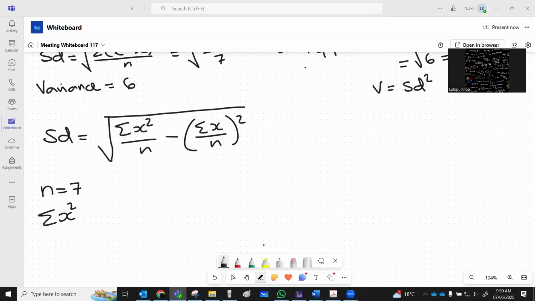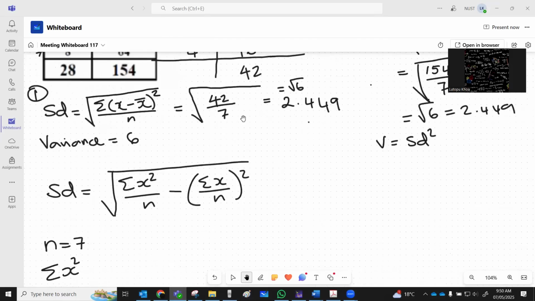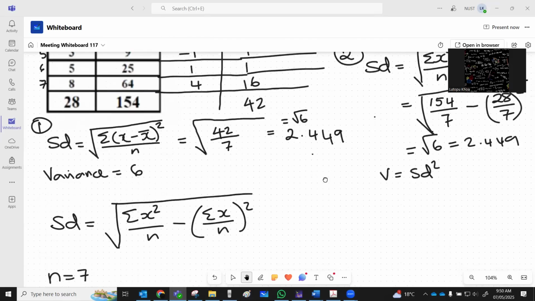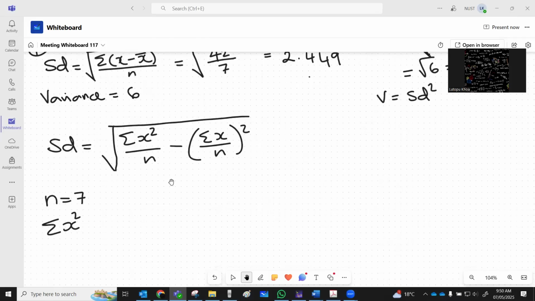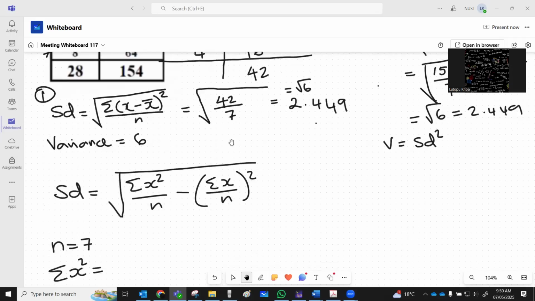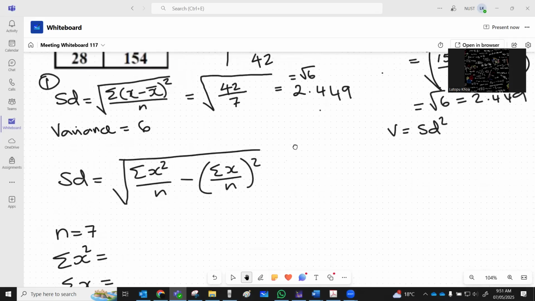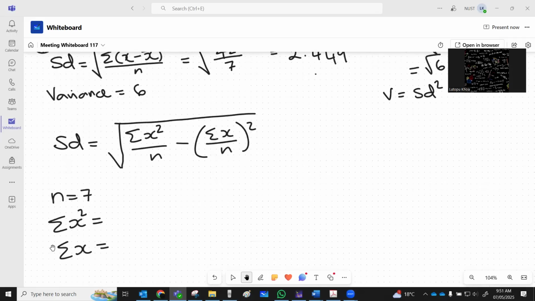So from our table, we can see, here it is. It was 154. So we want to see, can we still get the 154 on the calculator? And then we have the sum of x, which we know from here is 28. So let's see if we can get these values from the calculator and then just do the substitution just to show that we did some calculations.